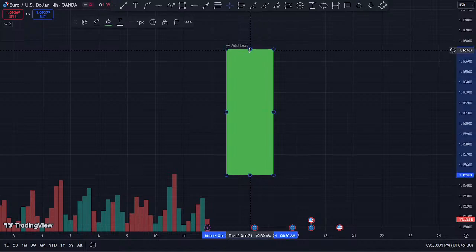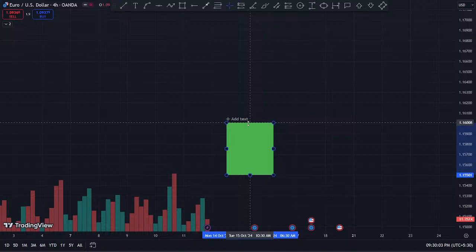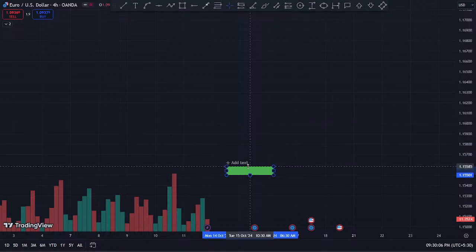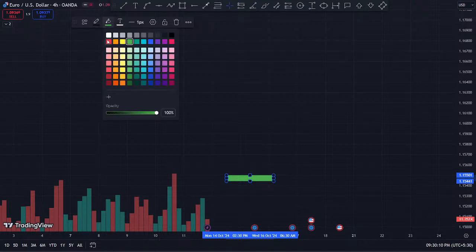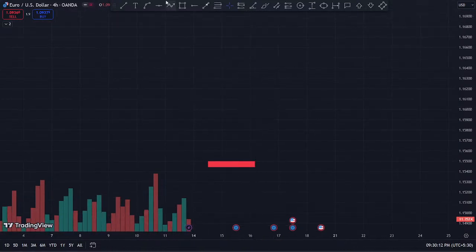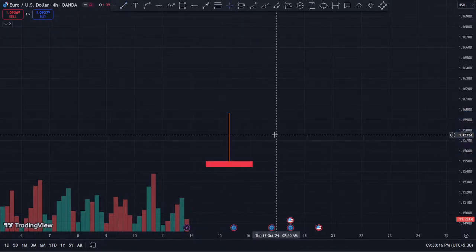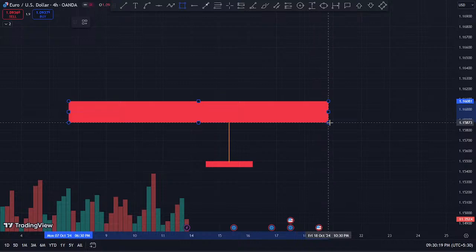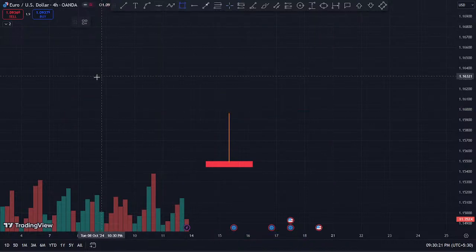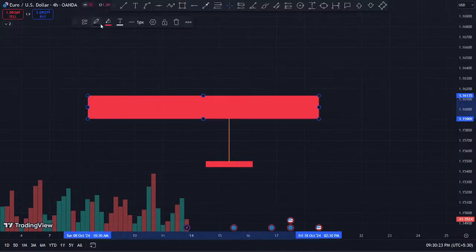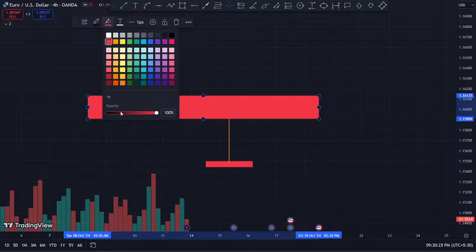But eventually what happened? The market started to go in the opposite direction. Now the candle is red because all the sellers who sold at this level made this a supply area for XYZ reasons.